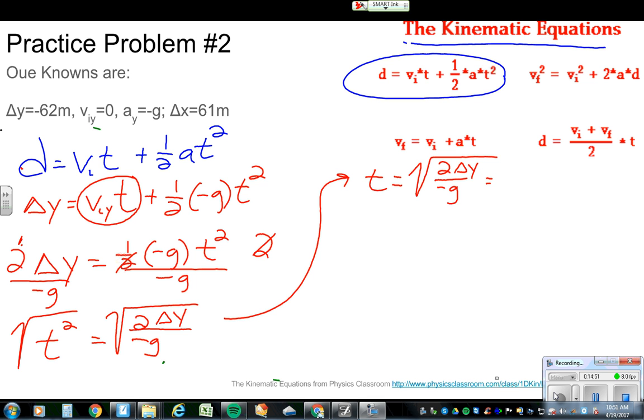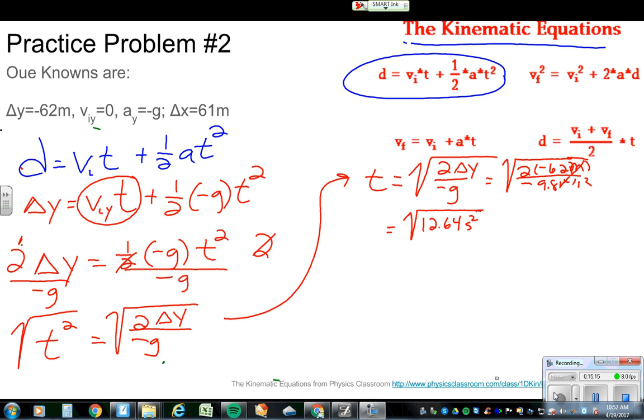So I get time is the square root of 2 times negative 62 meters divided by negative 9.81 meters per second squared, which is the square root of 12.64. My units, the meters cancel out, so I'm left with seconds squared.